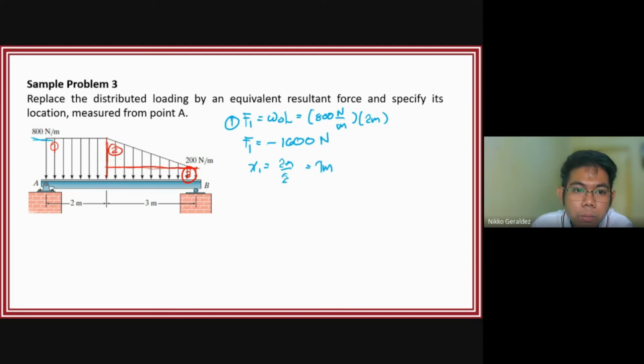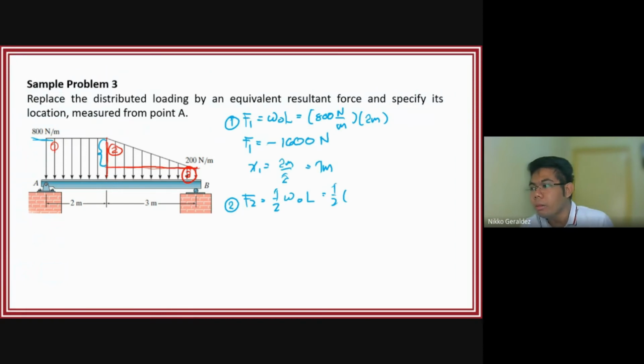Next, F2, the triangular load, is 1/2 times W sub O times L. The height of the triangle is 800 minus 200, so that is 600 Newton per meter, times the length of the triangular load, 3 meters.